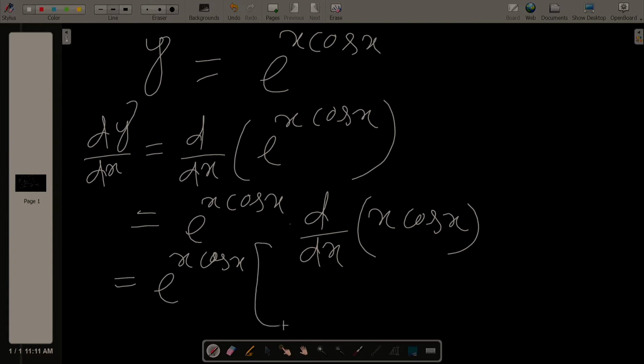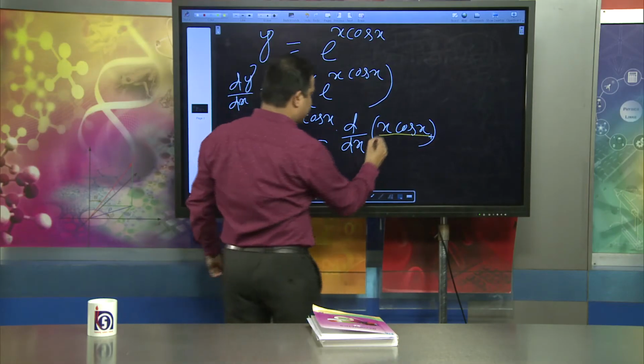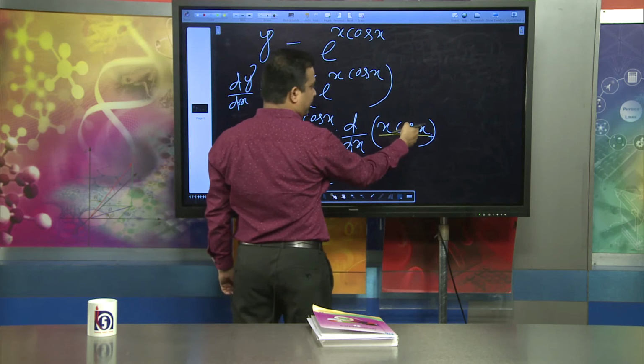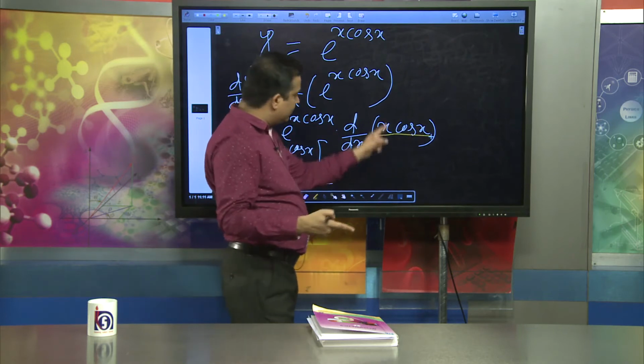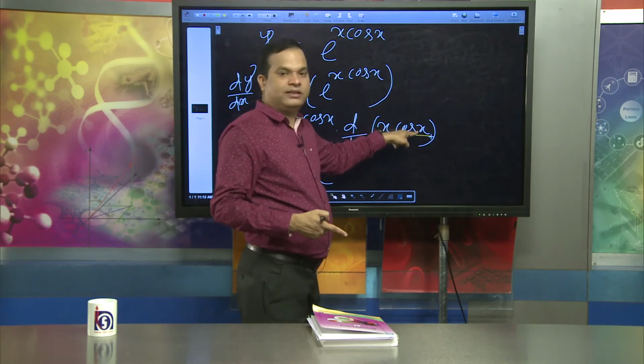Remember, this is very important. With respect to x, we are going to find the derivative of x cos x. Here, x is the first function, you can take it as u, and cos x is the second function, v.